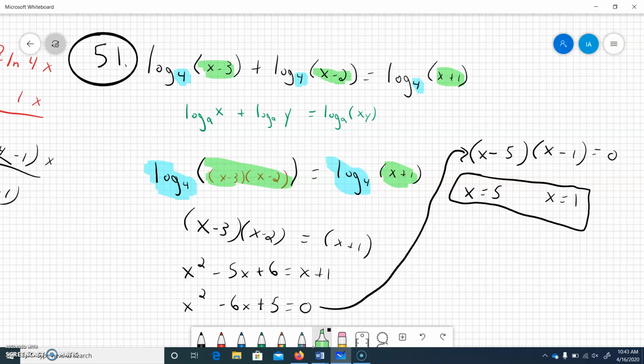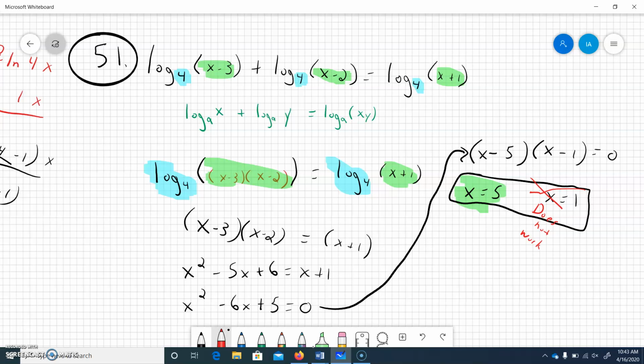Okay, so 5 is good. But 1, if we said 1 minus 3, that gives us a negative number. We don't even have to check the rest of them. The one is bad, does not work.